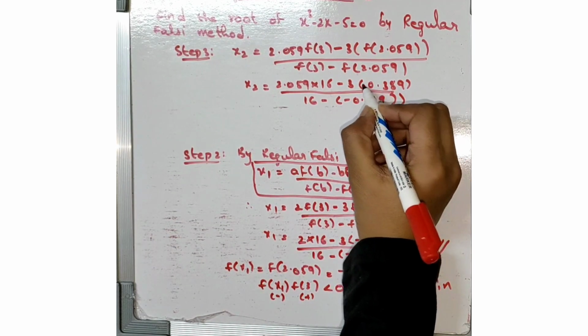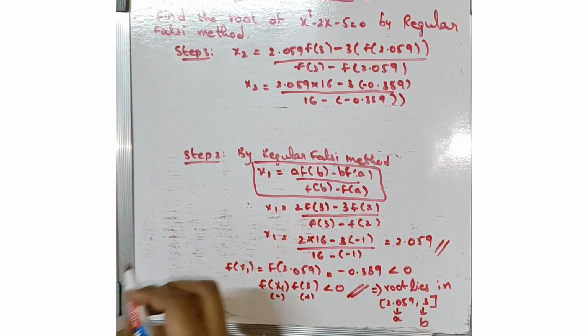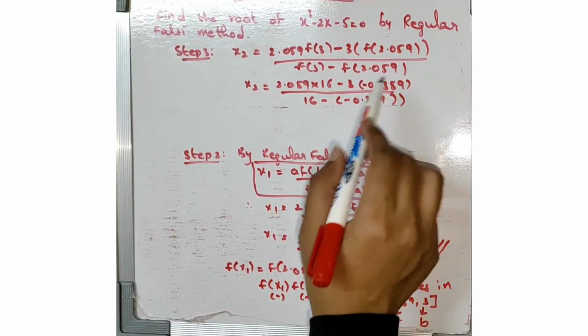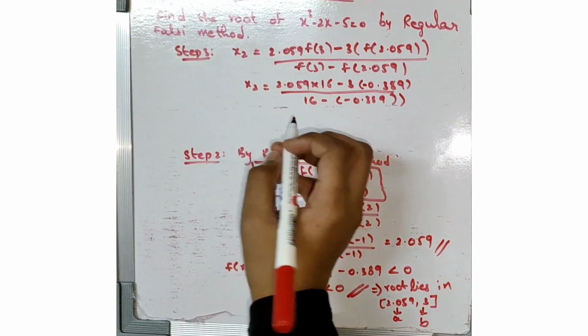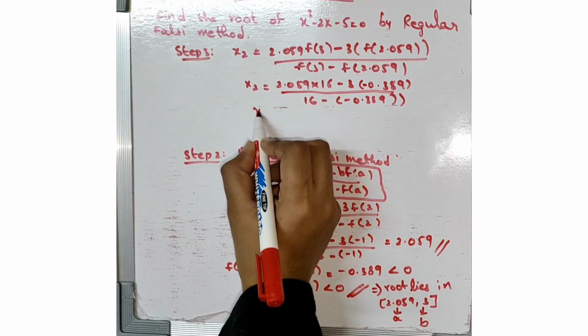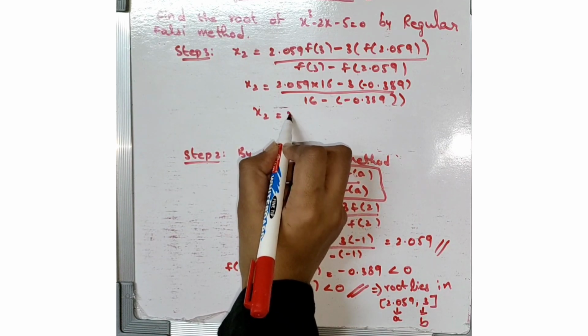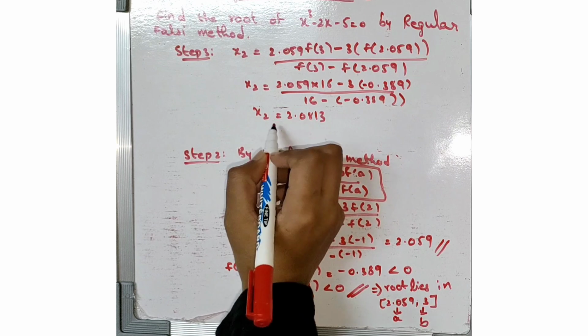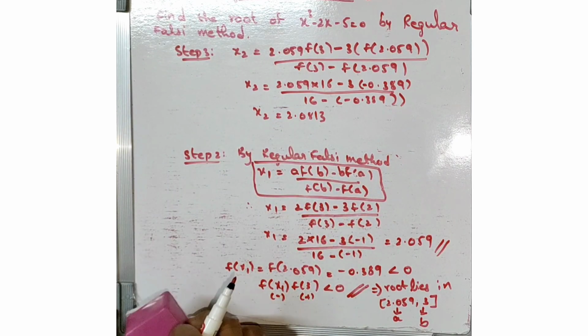Now calculating this, you will get the x2 value as 2.0813. Now what do you have to do?